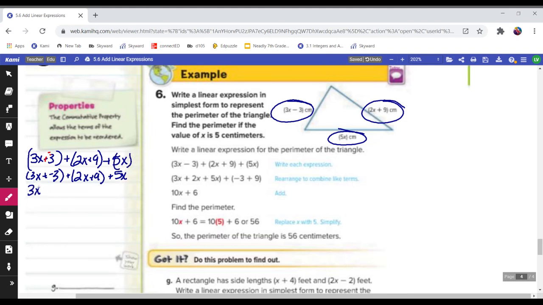Now I'm going to drop the parentheses. 3x plus negative 3 plus 2x plus 9 plus 5x. So I'm going to rearrange the negative 3 and the 2x, and I'm also going to take this 5x and put it out in front.